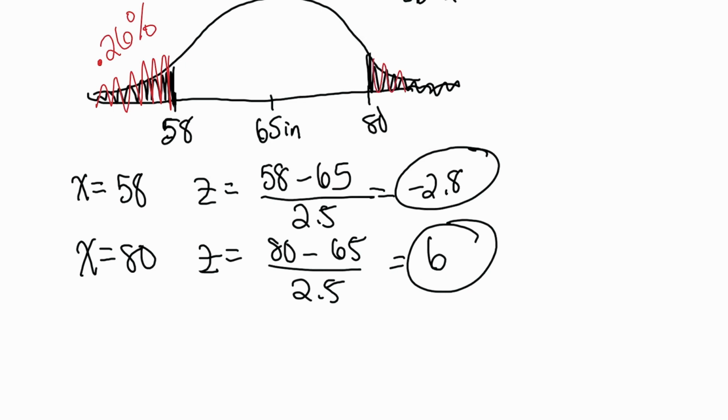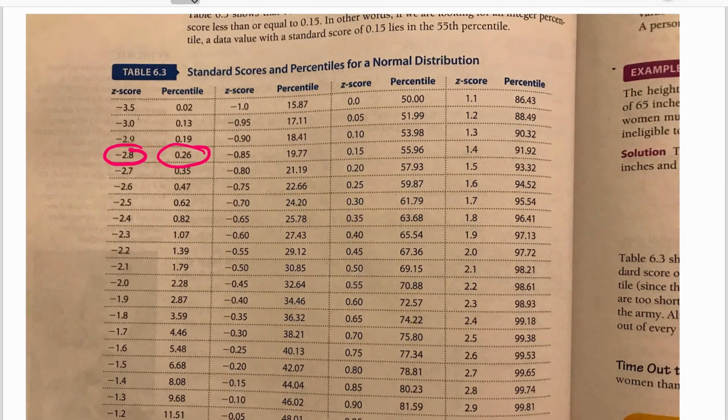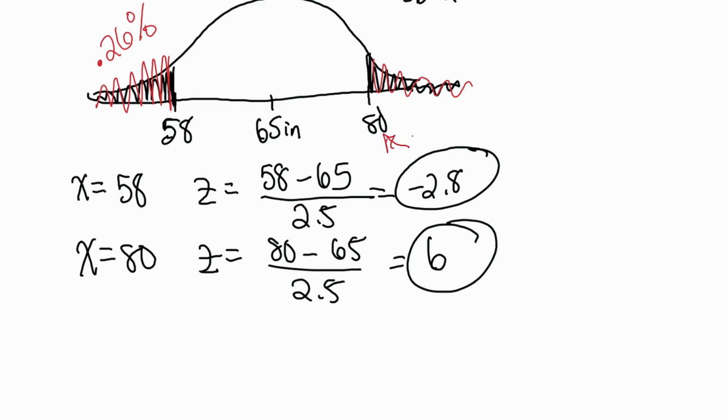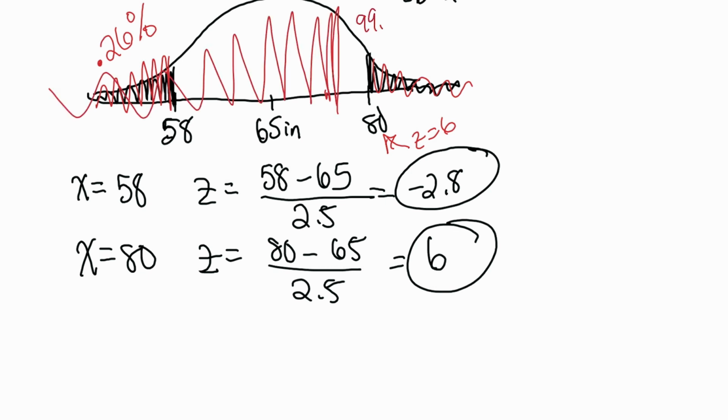Now, on the high end, let's look up a z-score of 6. If you notice on this chart, it only goes up to the highest as 3.5, and notice that it's 99.98%. So if this represents a z-score of 6, and the chart only goes up to 3.5, and 3.5 is somewhere in here, and that covers everything to the left, 99.98%, this small wing right here, this little tail, is going to be so small that I wouldn't even count it.